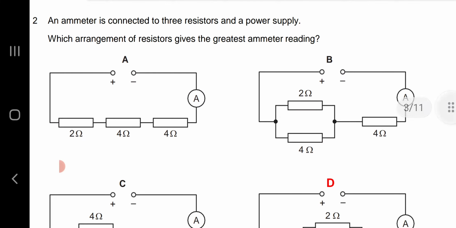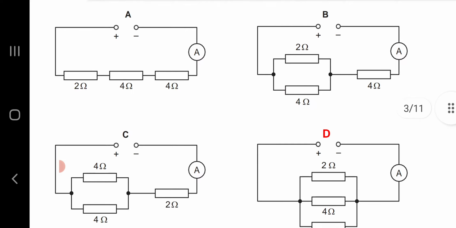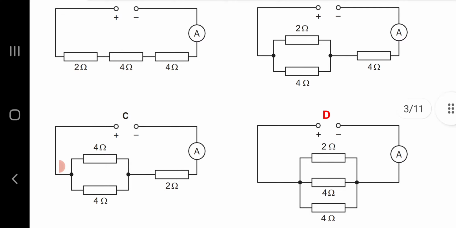Next is question number 2. An emitter is connected to 3 resistors and a power supply. Which arrangement of resistors gives the greatest ammeter reading? In option A, you can see 3 resistors in series, and in option B there is a series-parallel combination. In option C, there is also a series-parallel combination. In option D, there is a parallel combination.